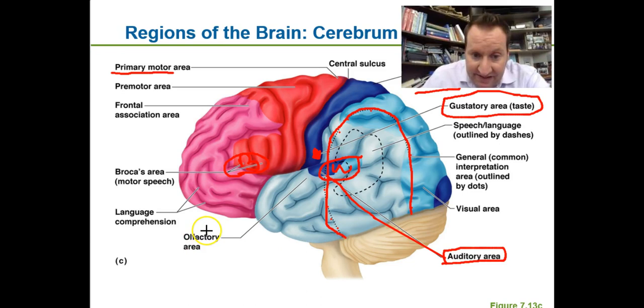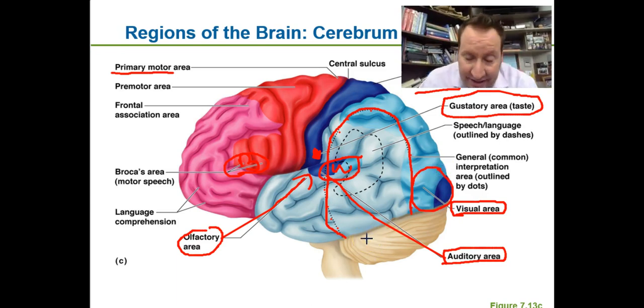Our sense of smell is also taken care of in the temporal lobe as well. Vision is our other sense. Our visual cortex is in our occipital lobe. This is where we process sight information, on the back of our brain in the occipital lobe. That takes care of all of our senses.